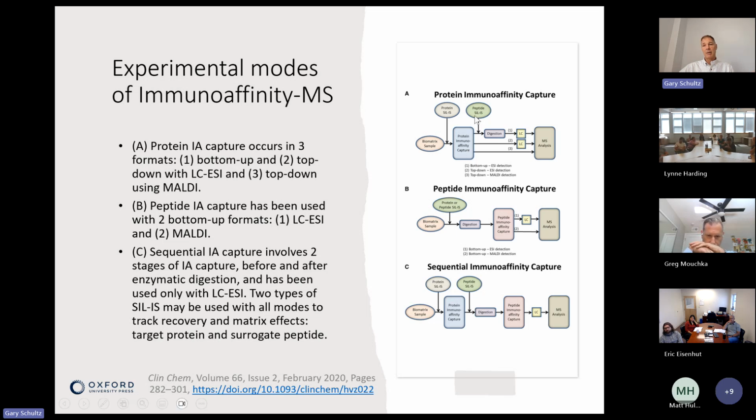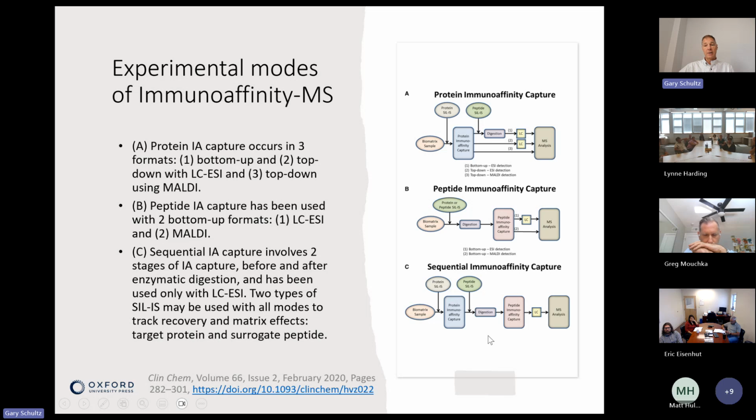And with that modality, after we capture that protein, we typically will introduce a peptide that will then go through the digestion process along with the protein, and therefore capture any variation in digestion efficiency from one sample to the next.